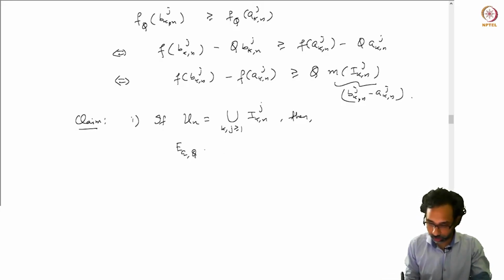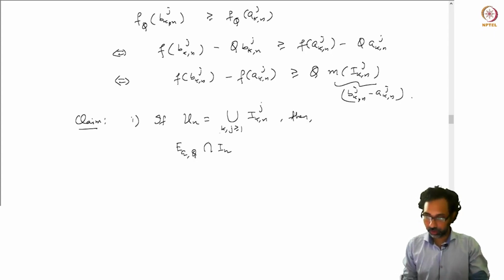intersection with the set I_n. Remember that I_n was one of the open intervals constituting the open set U, which covered E_{q,Q}, and on which we applied the first application of the rising sun lemma.